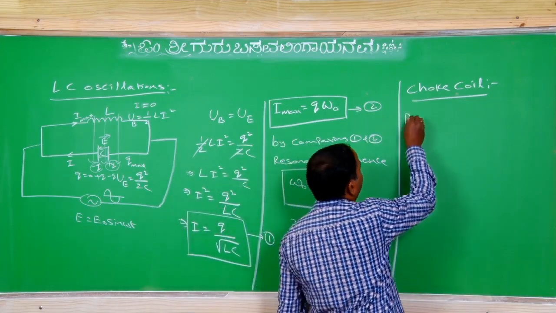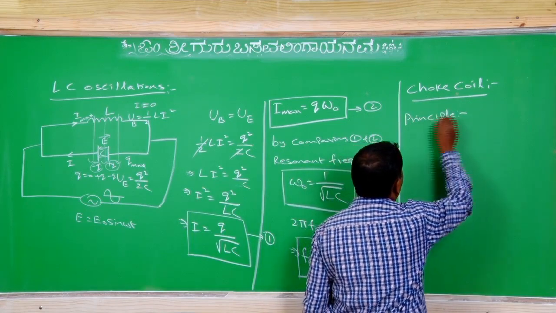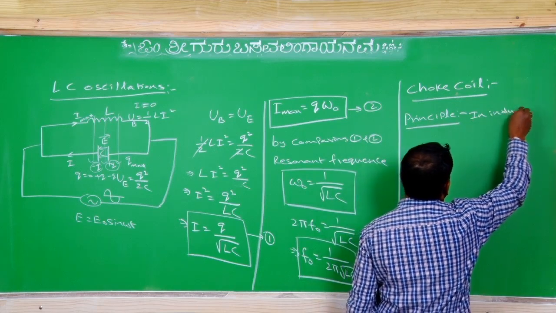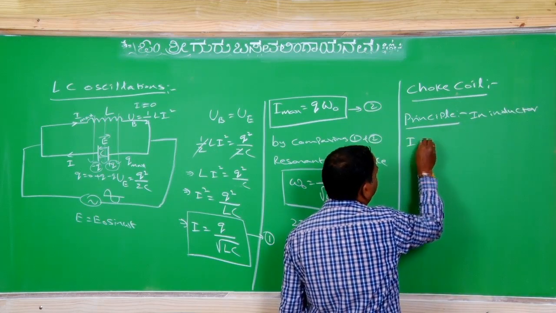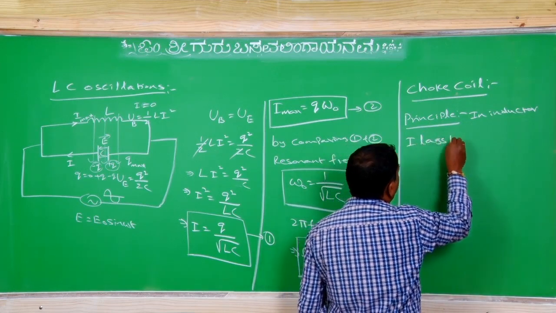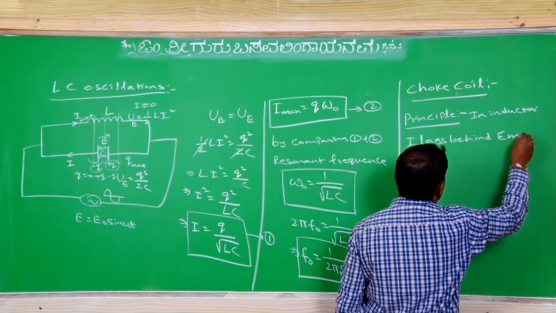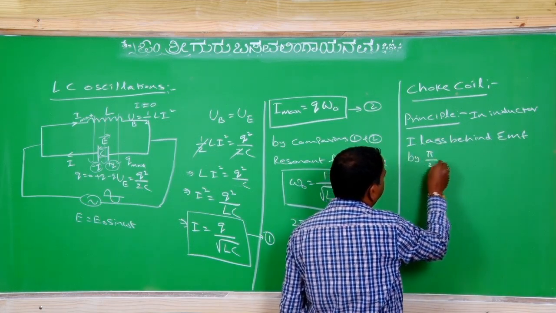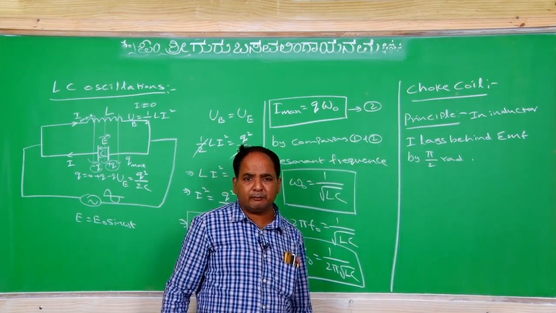Generally, the choke coil works on the principle that in an inductor, the current lags behind the EMF by pi by 2 radian. This is the working principle of the choke coil.